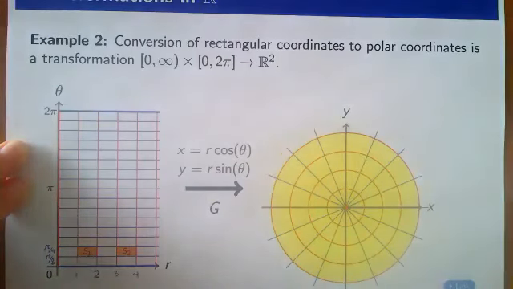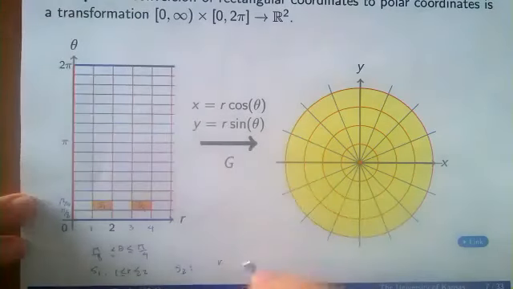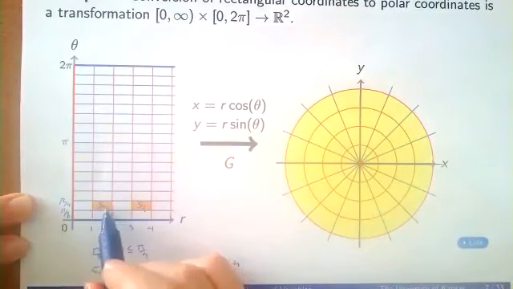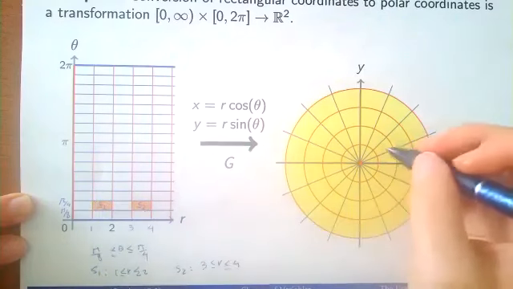For S1, r is between 1 and 2. For S2, r is between 3 and 4. So for S1, I'm going to go to where the radius is 1 and 2.